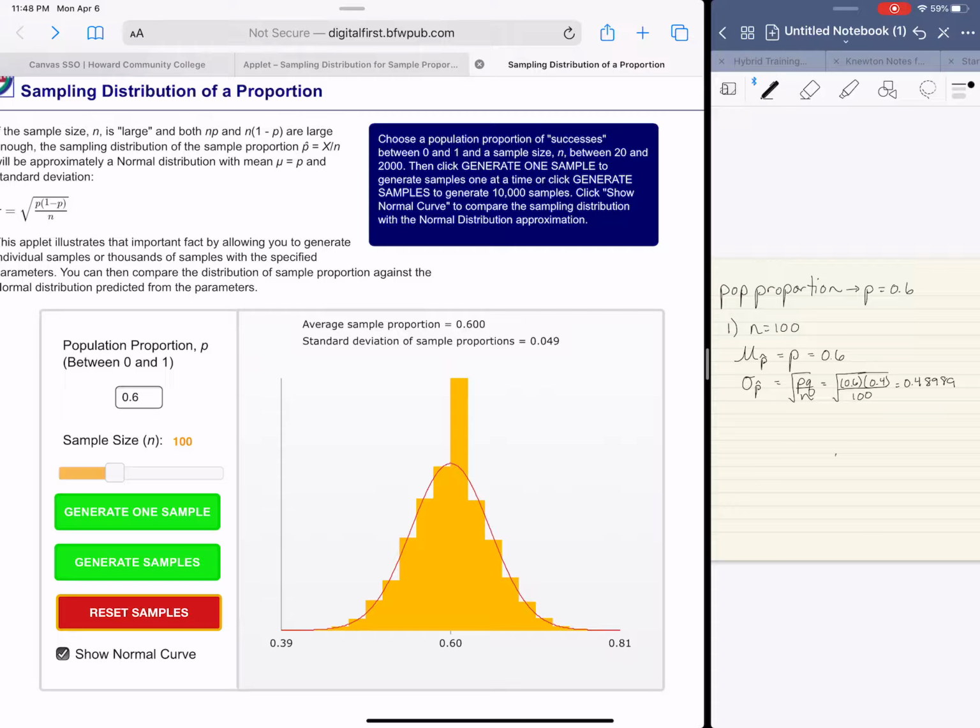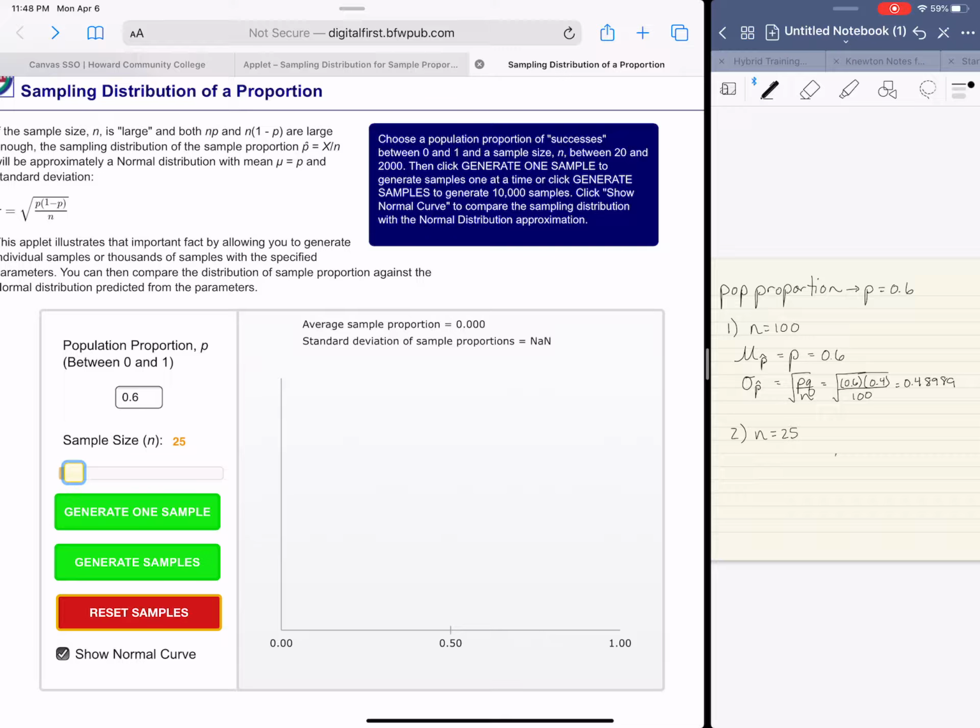Now I want to do all of this again and see if anything changes if I have a smaller sample size. So let's reset the samples, and now I'm going to reduce the sample size down to 25. So the second time around here, let's let the sample size be 25.